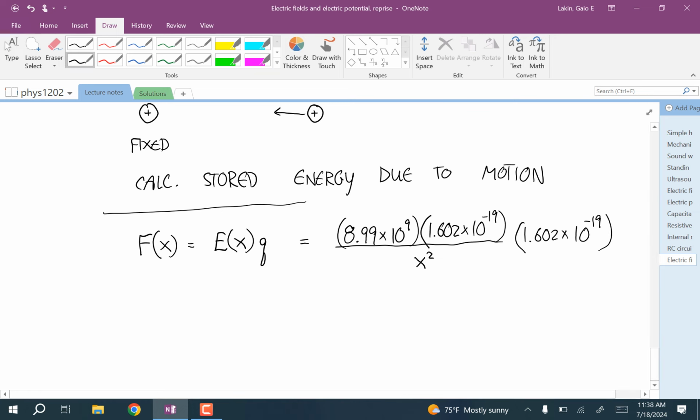The way that we do this is we just use the absolute values and then use our intuition to figure out the direction. But this force is going to be in the positive x, so we're going to have a positive value for this force.